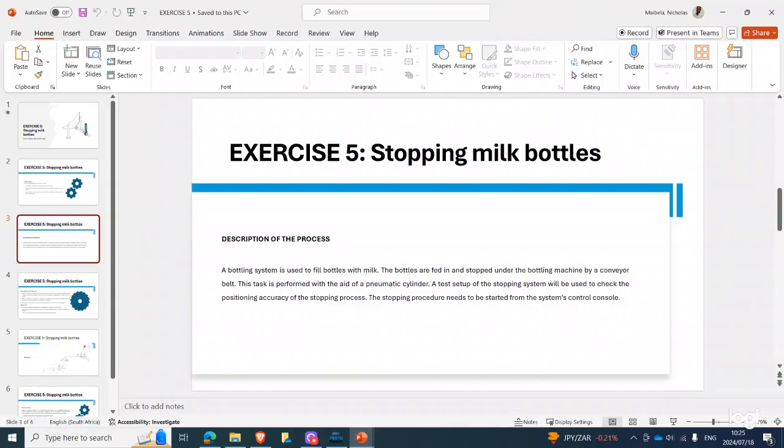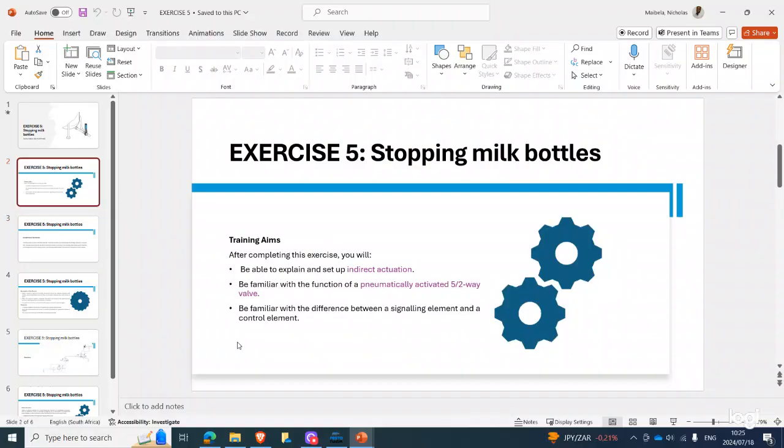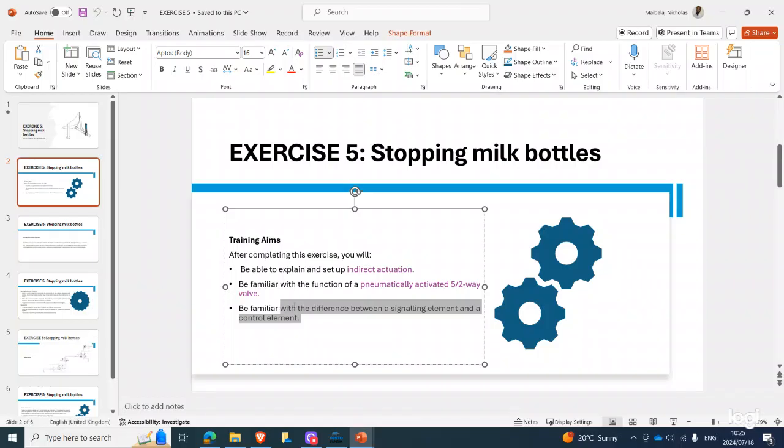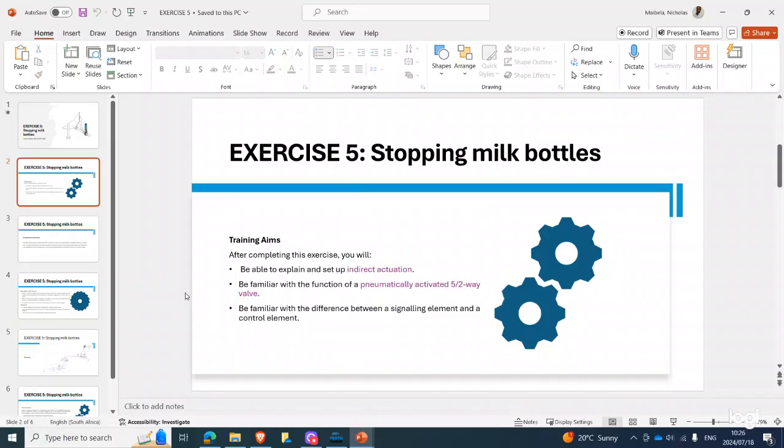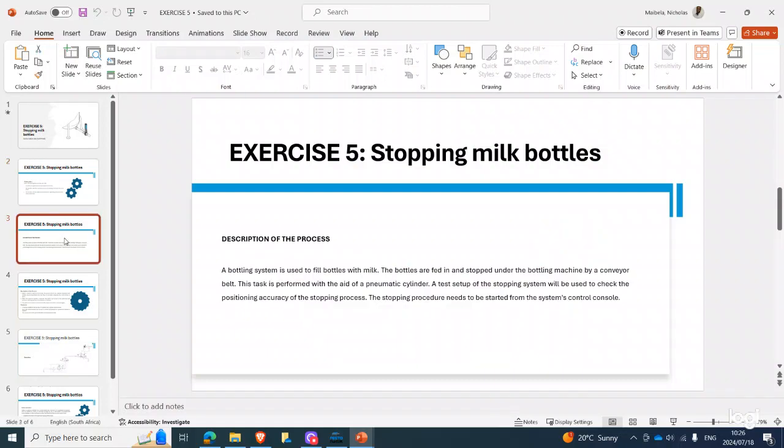So now in this exercise, you're going to be familiar with the functioning of a pneumatically activated 5-way valve, and also be able to tell the difference between a signaling element and a control element.